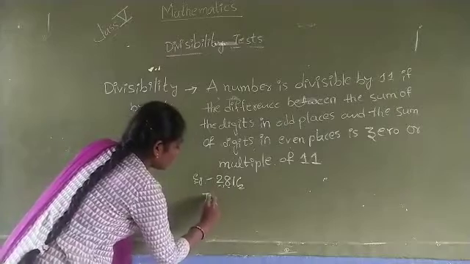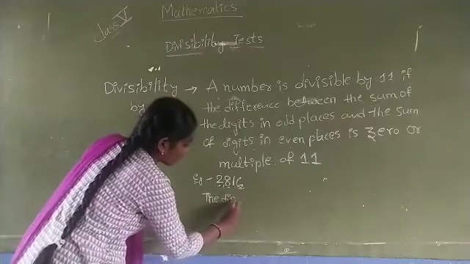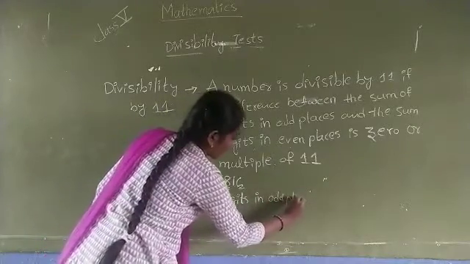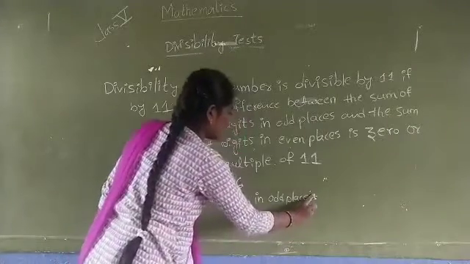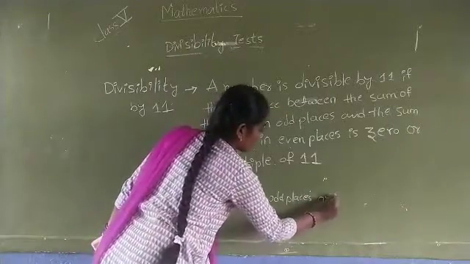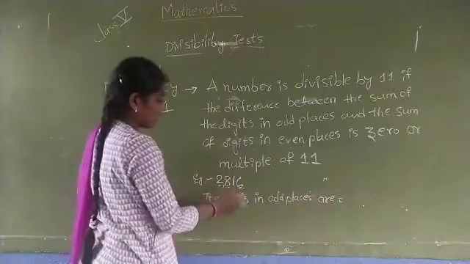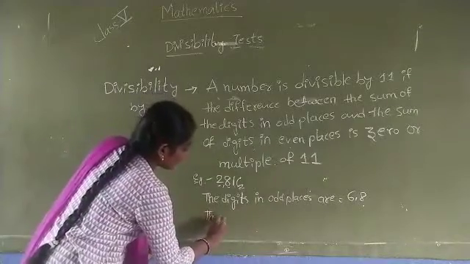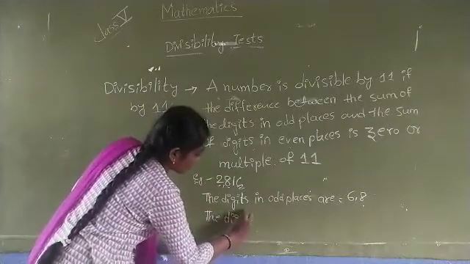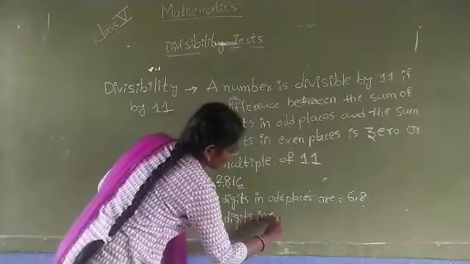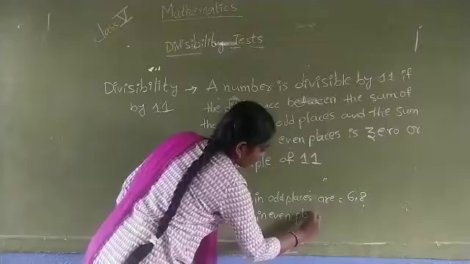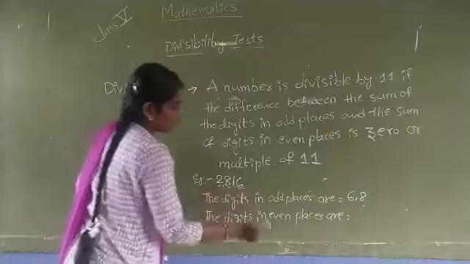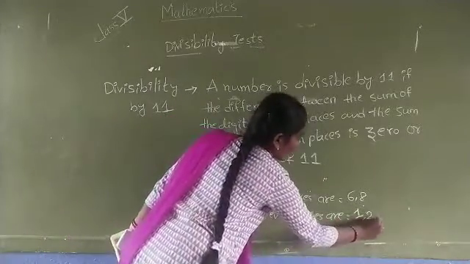The digits in odd places are 6 and 8. The digits in even places are 1 and 2.